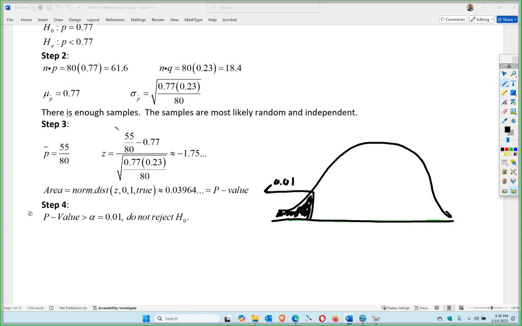So my sample was the 55/80, but I got about 3%, so it means I'm out here, basically. Right? So my p-value was 0.039, right? Which means it has more area than this one than my alpha, right? So that means it's close. It's in this region, which is not very significant, basically. Okay, so therefore, it did not make it to the critical region.